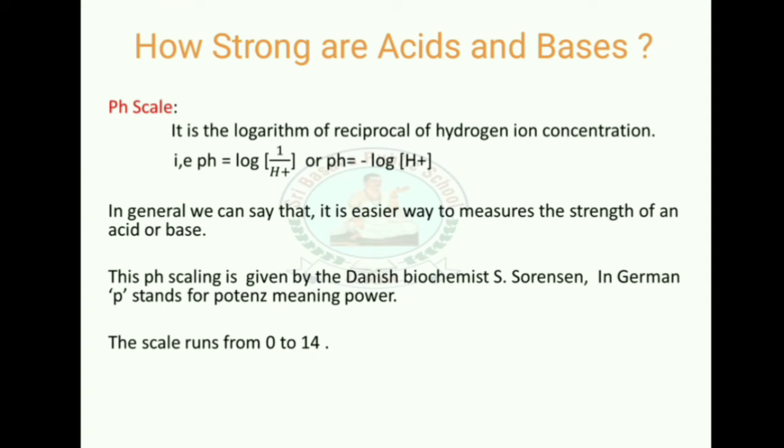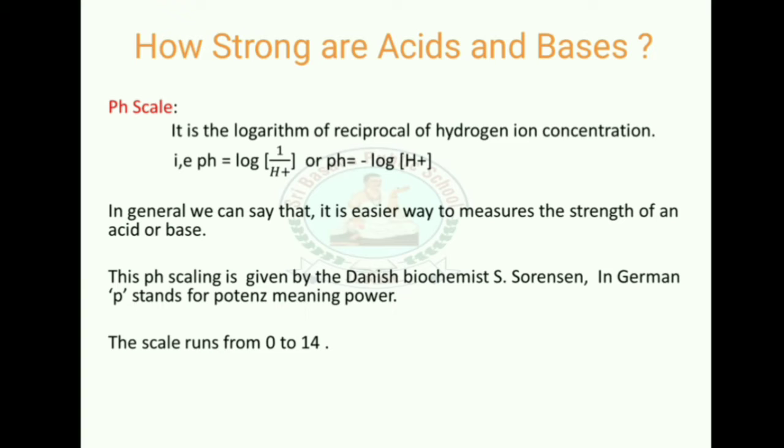Well, to find out the strength of acids and bases, how much concentration they have, one method is pH scaling. So what is pH? It is the logarithm of the reciprocal of hydrogen ion concentration.